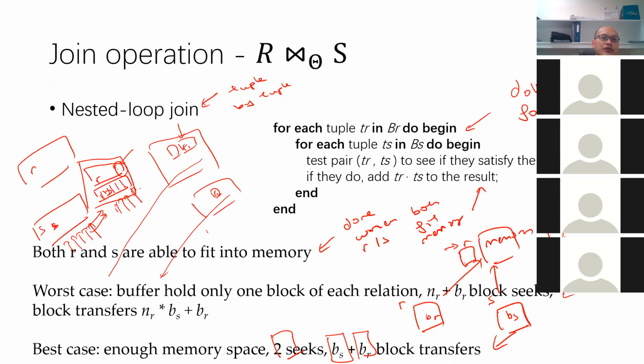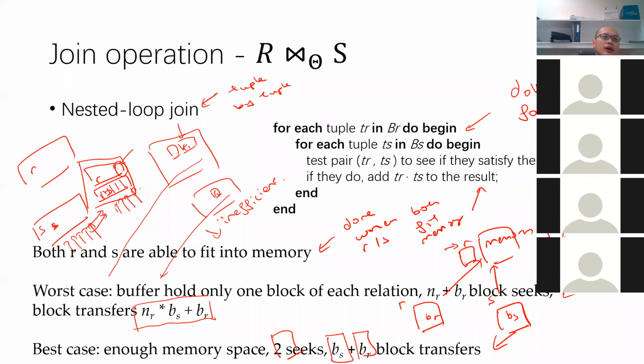So you can tell that this is very inefficient. In the worst case, one tuple has to go through all the blocks, I move on to the next tuple, and then I go through all the blocks again. Which is why the number of block transfers is very large.